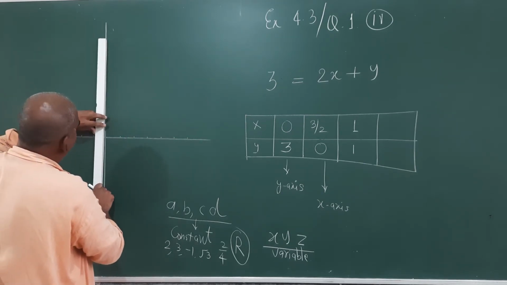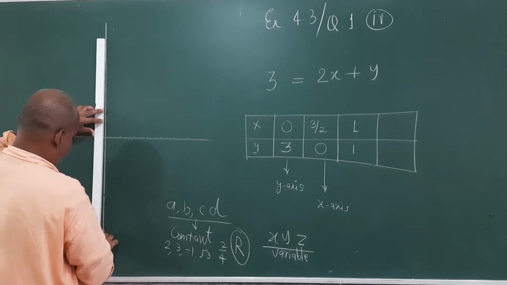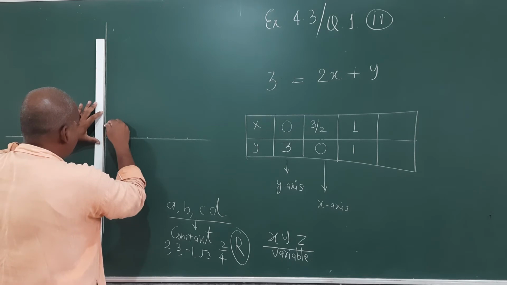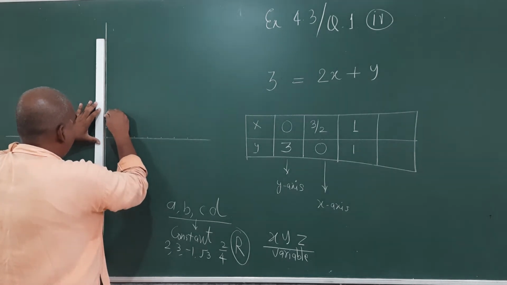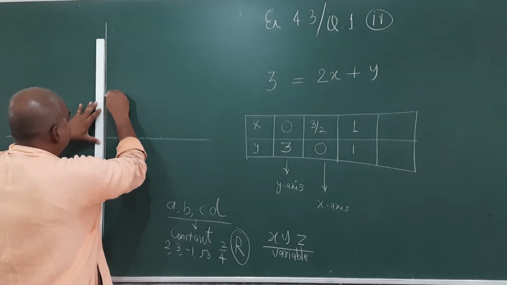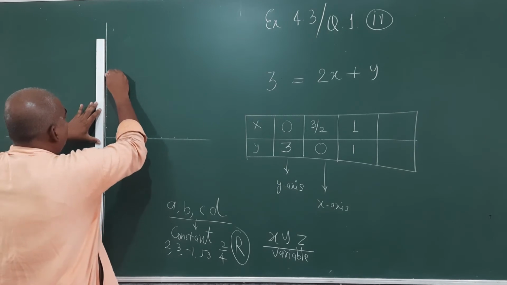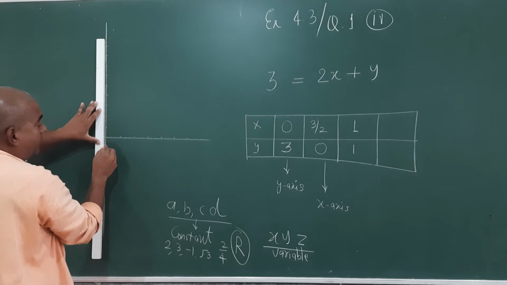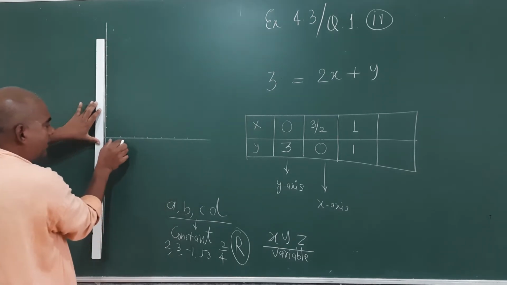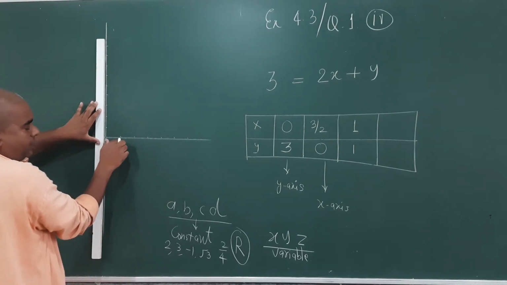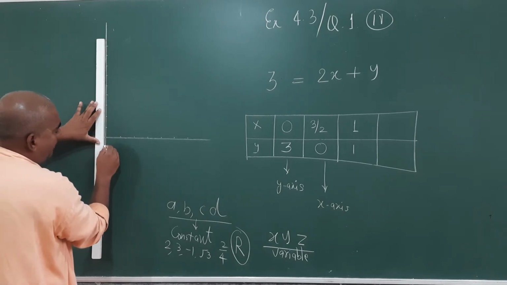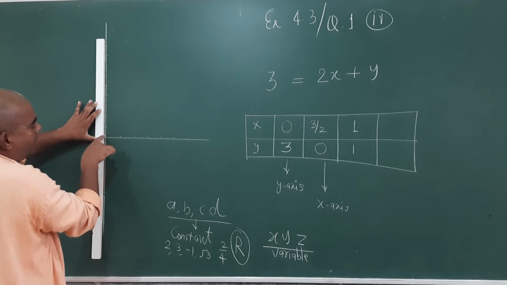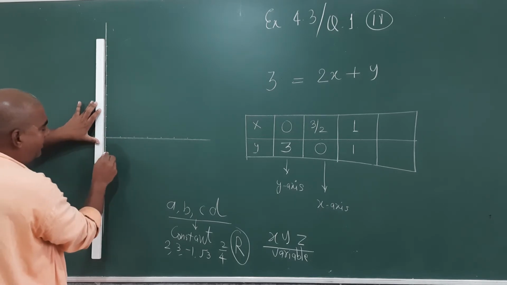Actually the problem is sometimes it's not equally spaced. If the points are not equally spaced, mathematics will not work. In coordinate geometry, it may be that on the x-axis the units are different and on the y-axis the units are different. It may be 1 centimeter is equal to 1, but here 1 centimeter is equal to 10.